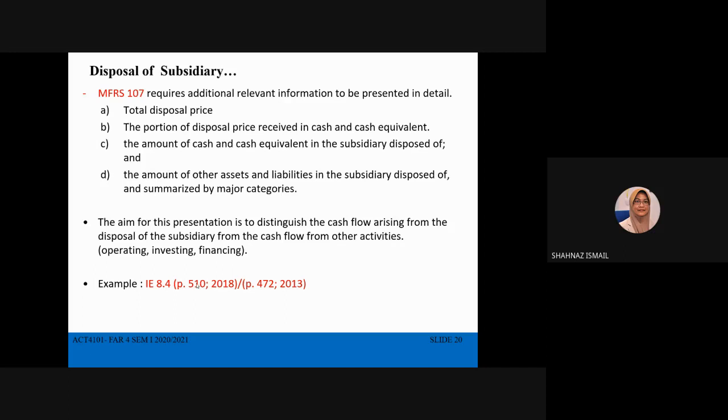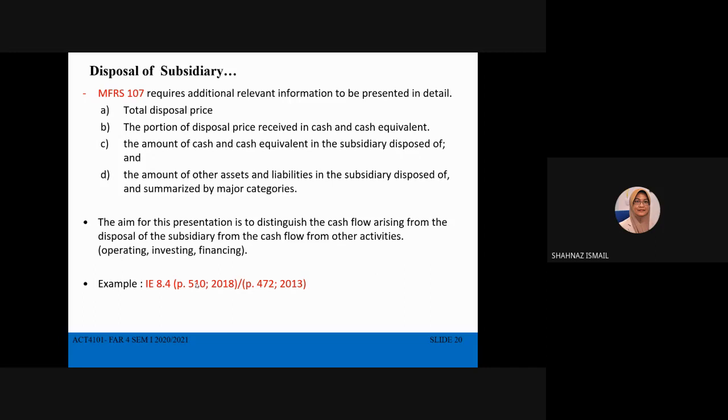Second is the portion of disposal price received in cash and cash equivalent. Thirdly, the amount of cash and cash equivalent in the subsidiary disposed of. And finally, the amount of other assets and liabilities in the subsidiary disposed of, and summarized by the major categories. So the aim of this presentation is to distinguish the cash flow arising from the disposal of the subsidiary from the cash flow of other activities.